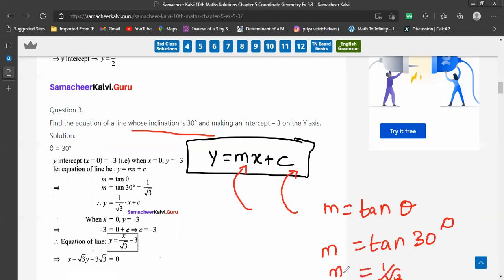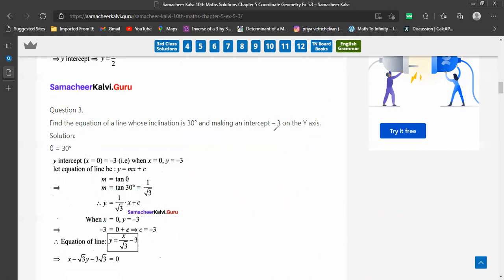Yeah. So m is 1 upon root 3. So you can write your equation as y is equal to 1 upon root 3 into x plus c. And they said intercept negative 3 on the y-axis.